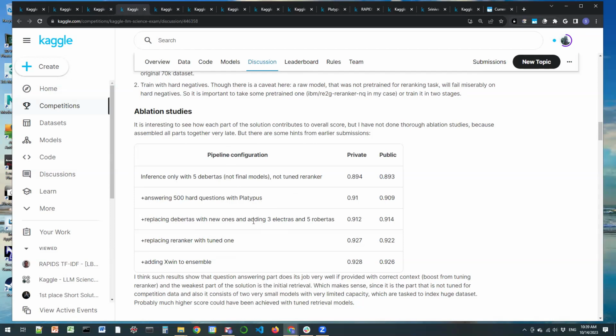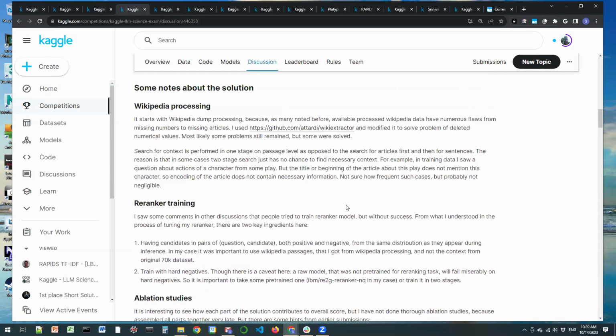Wow. Getting 3 Electras and 5 Robertas. What's a re-ranker model, do you know? No, in fact, that's what I was curious about too.